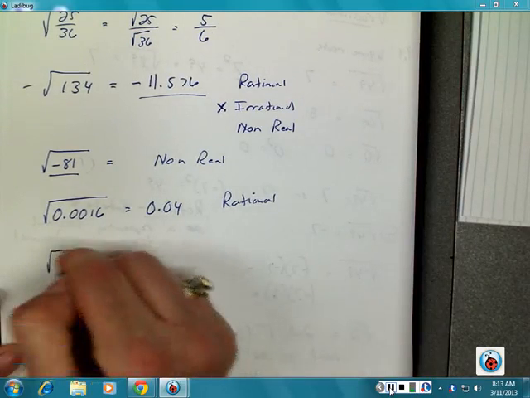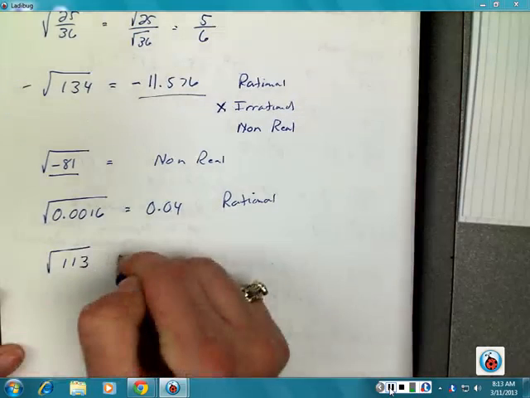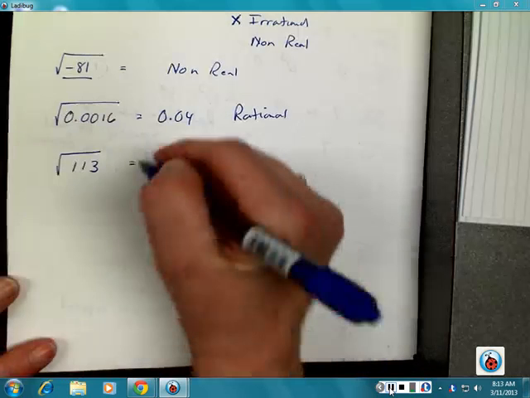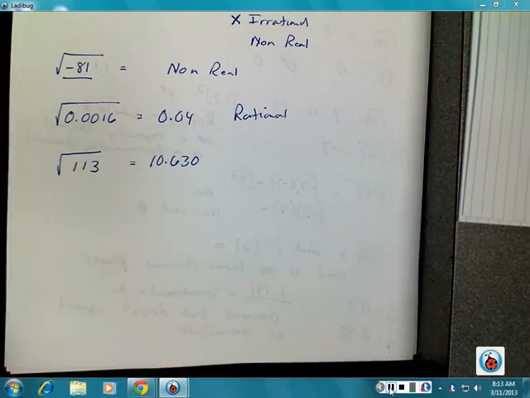How about the square root of 113? Okay. And what was that? Irrational. Irrational, because again it has no pattern on your calculator and so forth.